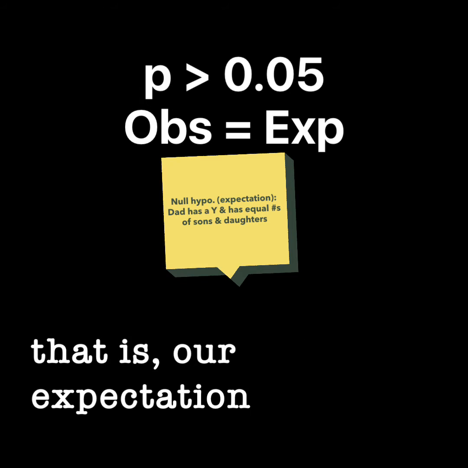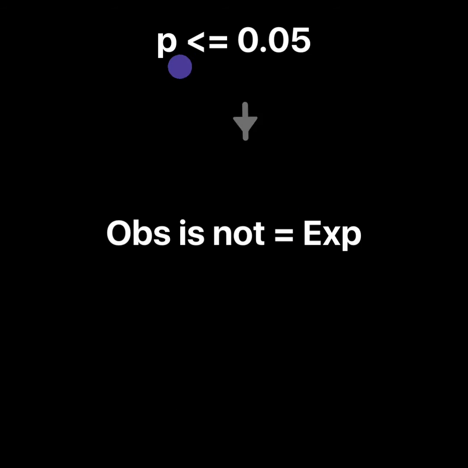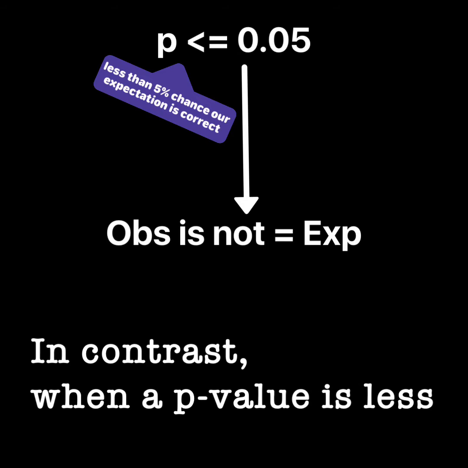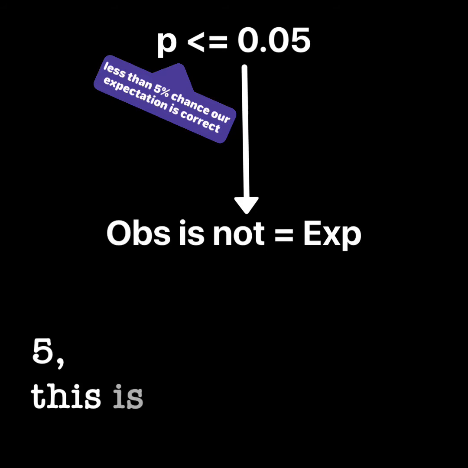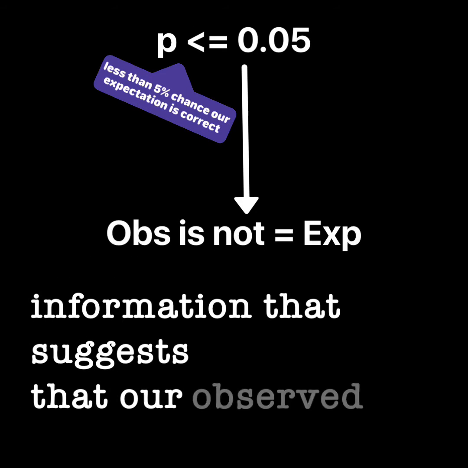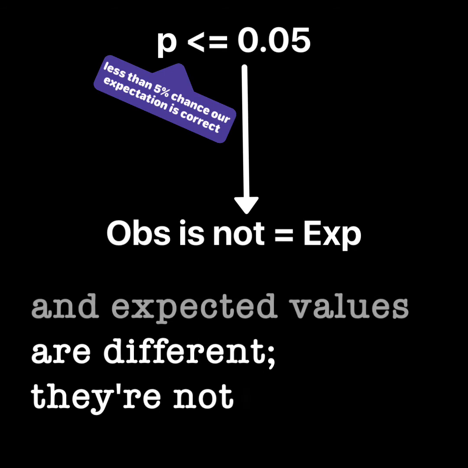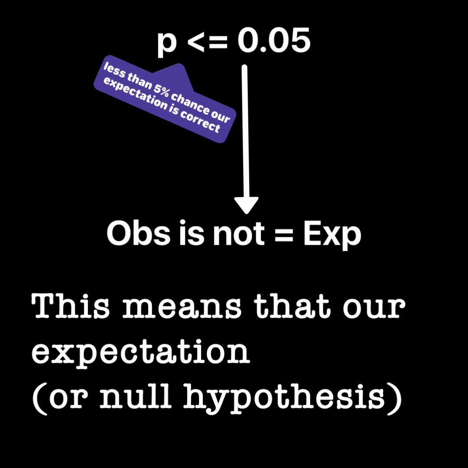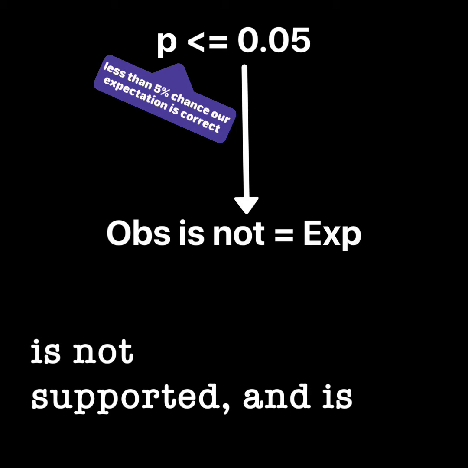That is, our expectation or our null hypothesis is supported. In contrast, when a p-value is less than or equal to 0.05, this is information that suggests that our observed and expected values are different. They're not equal. This means that our expectation or our null hypothesis is not supported and is rejected.